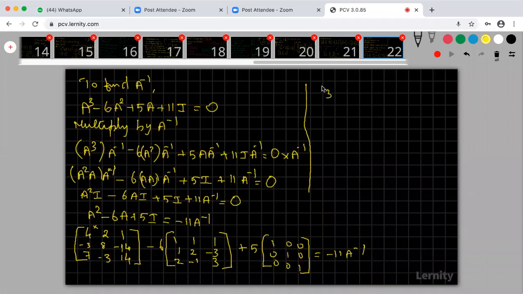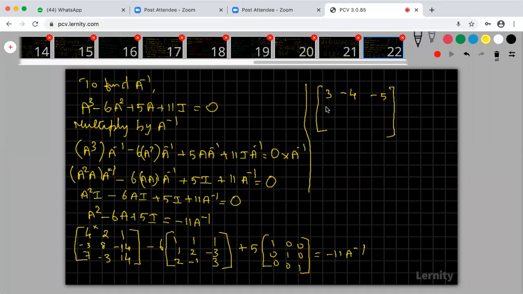So therefore add these three matrices. Right. What about here? This is 2, this is minus 6, here it is 0. So 2 minus 6 is minus 4. And this is 1 minus 6, so that results in minus 5. Similarly, add the second row elements, third row elements, and simplify.